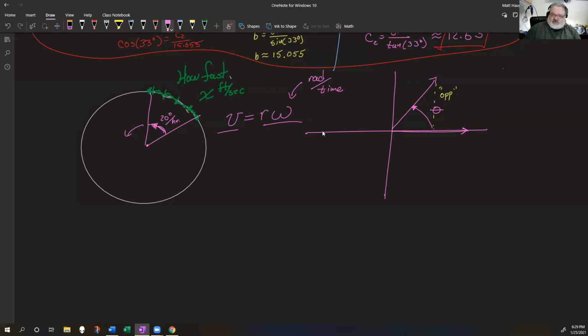Okay, so linear velocity would just mean how fast an object is moving around a circumference. Yep. And angular velocity is how many times a thing spins around in a circle. Yes. Okay.